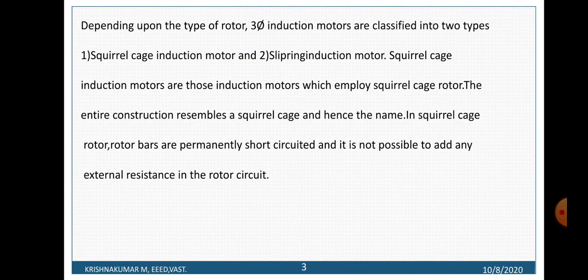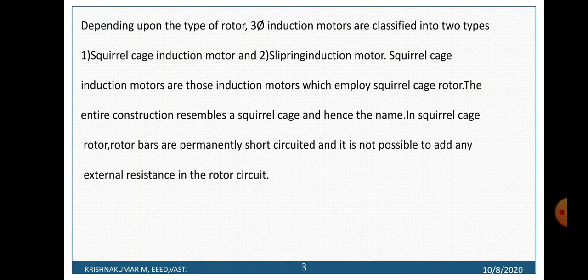Once again, three-phase induction motors are classified into two: squirrel cage induction motor and slip ring induction motor. What about the constructional features of a squirrel cage induction motor? The rotor of a squirrel cage induction motor is known as squirrel cage rotor.